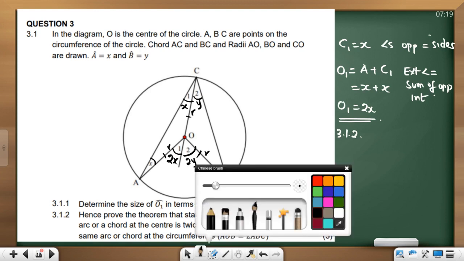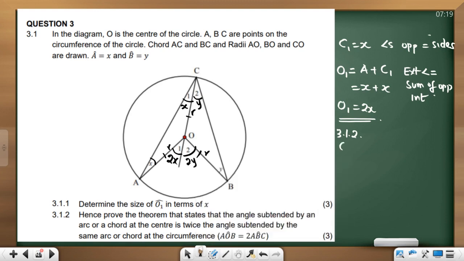You've got to state all the reasons, okay? So I'm going to come here and say C2 is equal to y. Angles opposite, equal sides. Which makes O2 to be 2y. Exterior angle is equal to sum of, you must say sum of opposite what? Interior angles. Beautiful.